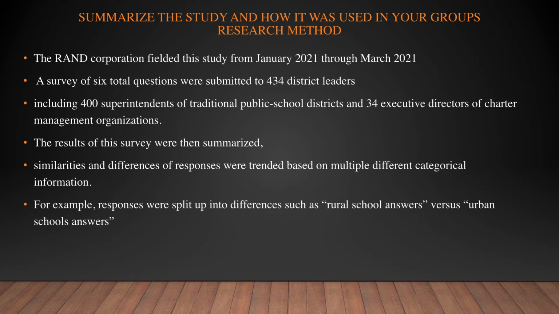The results of the survey were then summarized. Similarities and differences of responses were trended based on multiple different categorical information. For example, responses were split up into differences such as rural school answers versus urban school answers.